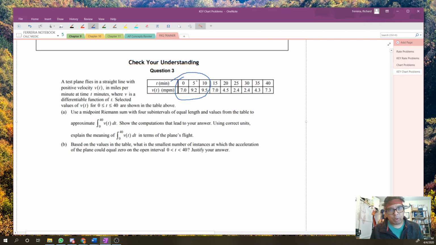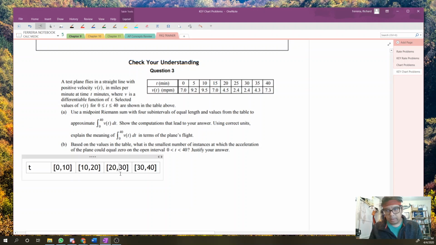And then our midpoint is then going to be 5. Our second interval is going to be from 10 to 20. And in this case, we're going to have the midpoint as 15. I think you see where I'm going with this, so I'm just going to go ahead and write out that table now. So here we go, 10 to 20, 20 to 30, 30 to 40.